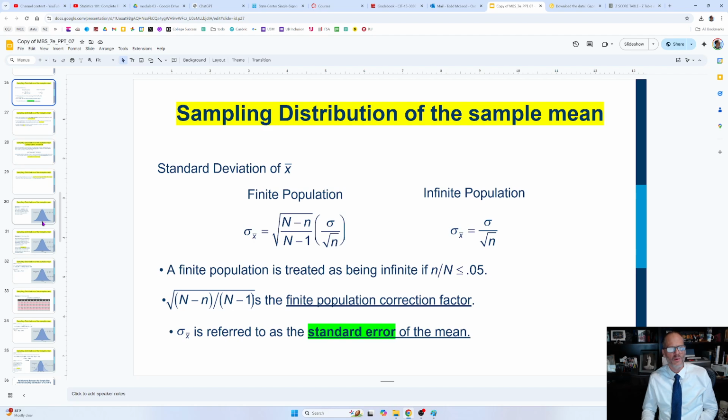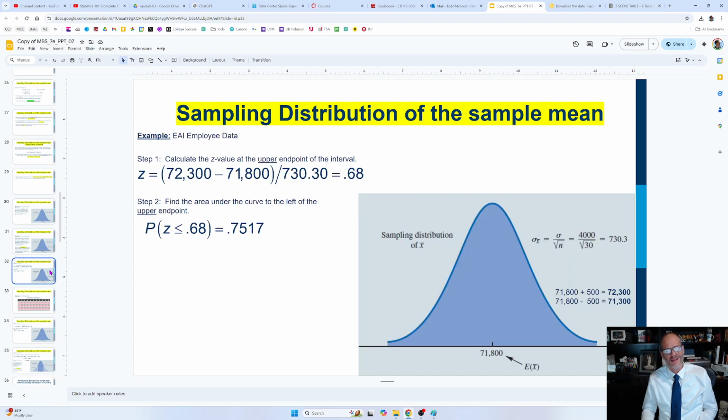Then with our standard deviation of the sample mean, we could have a situation like this, where the sample mean that our sample came up with is 78,100, and we arbitrarily ask what's the probability that the population mean is going to be within $500 of our sample mean.